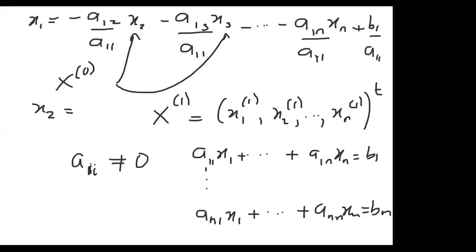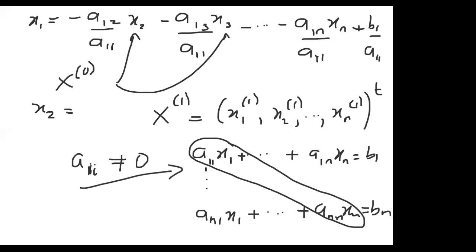Then you need to make sure that values here in the diagonal are not equal to 0. So these values in there should not be equal to 0. That's what this means. Because if any of those is equal to 0, then as you make xi the subject of the formula, you are going to be dividing by 0, which will give you something which is undefined, right? So that's what we are going to do.